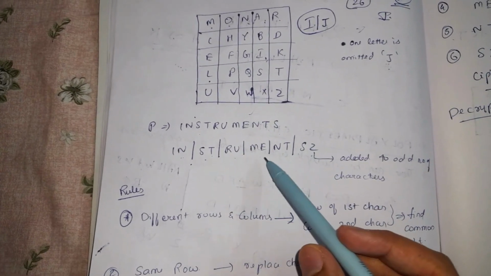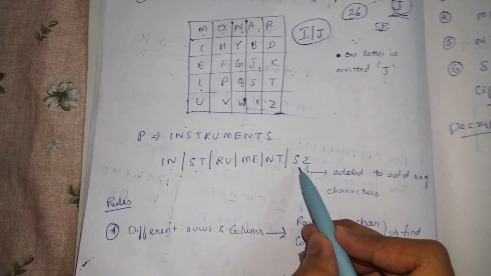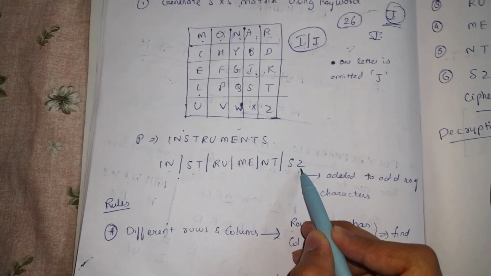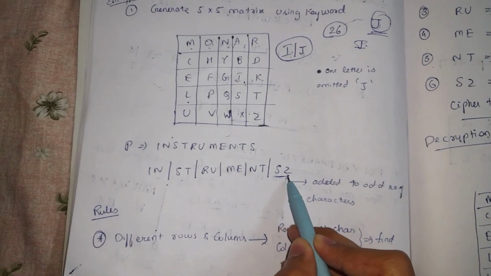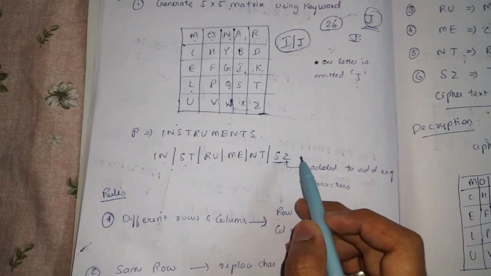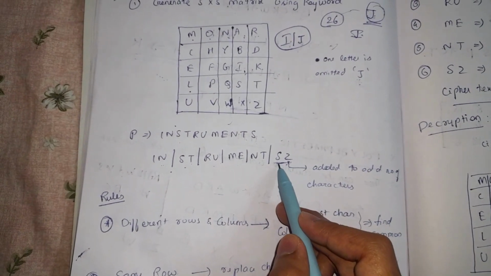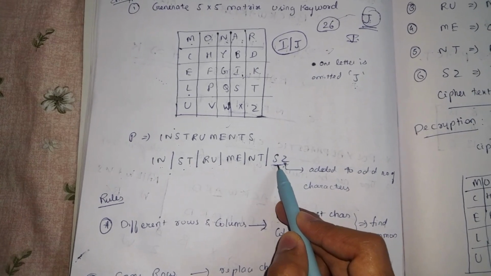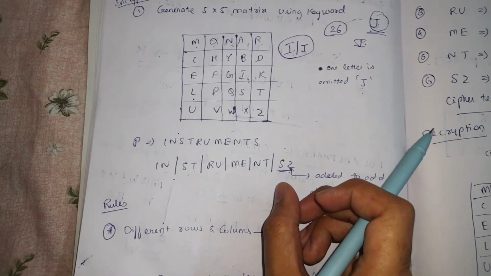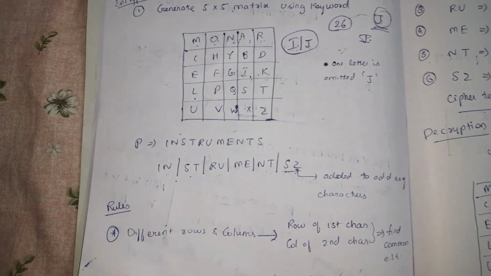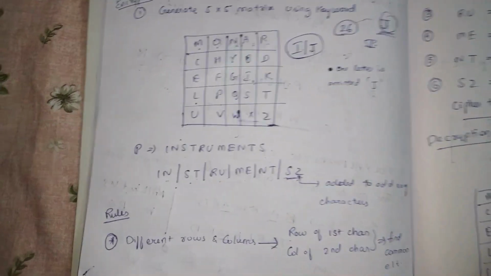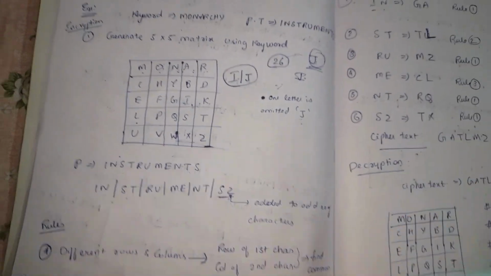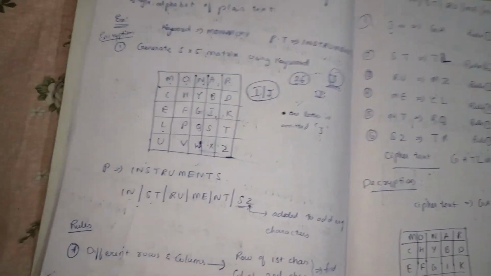Since we act on pairs, there is one character short, so we add a random, dummy character, Z, to the end, so that we can act pairwise. As I said earlier, the Playfair cipher acts in a pairwise fashion. Now let's see how we can perform the encryption or decryption process.